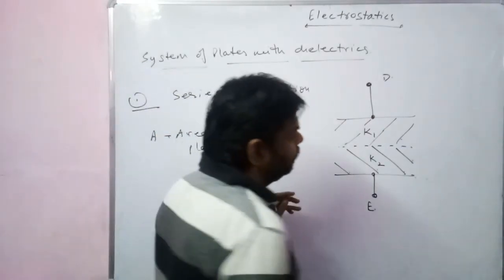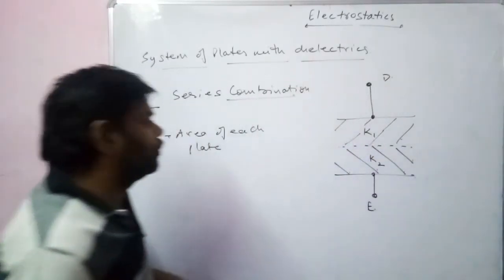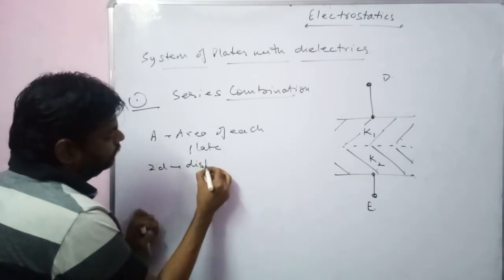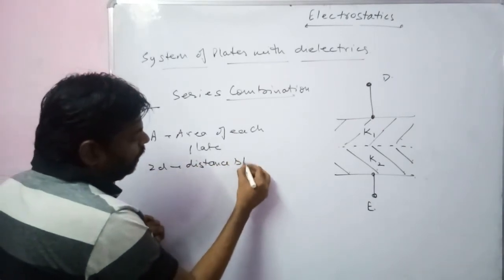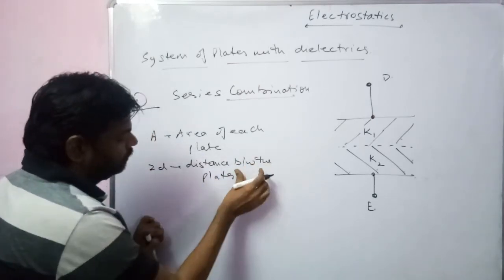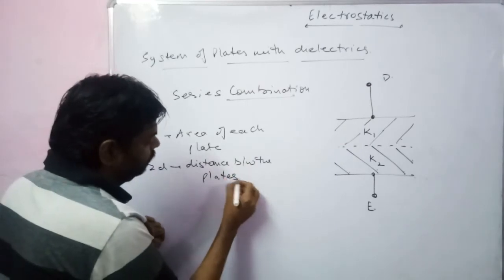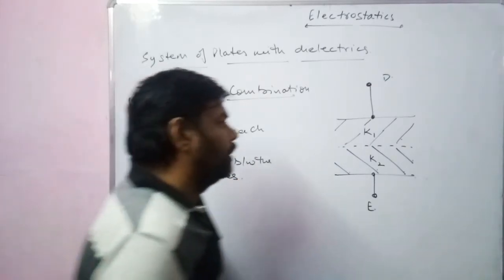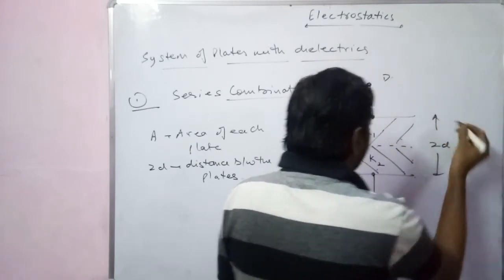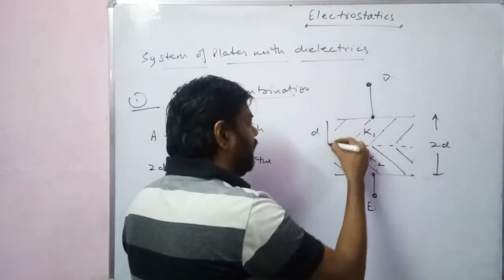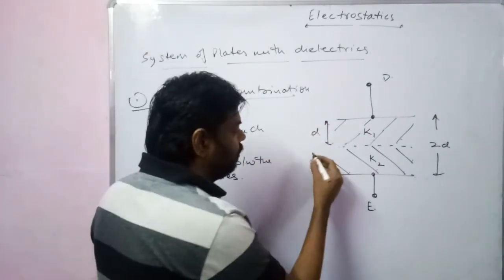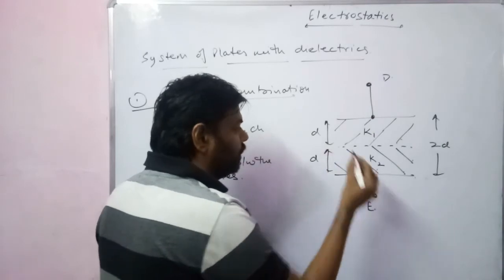Now let us suppose that 2D is the distance between the plates. This entire distance is 2D, and this distance, let us suppose, is D. If this distance is D, then it is quite obvious that this distance is also equal to D.